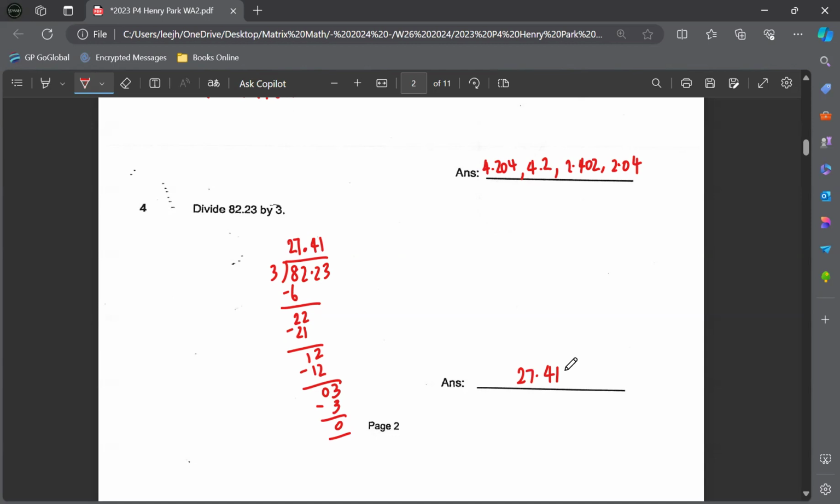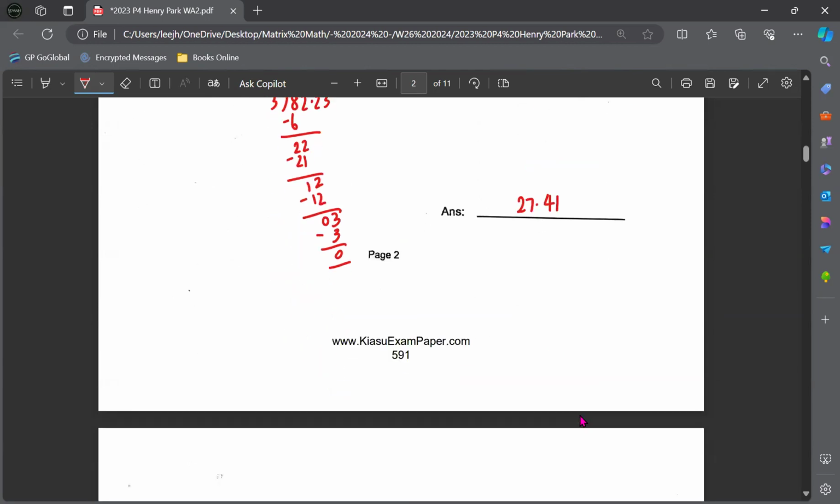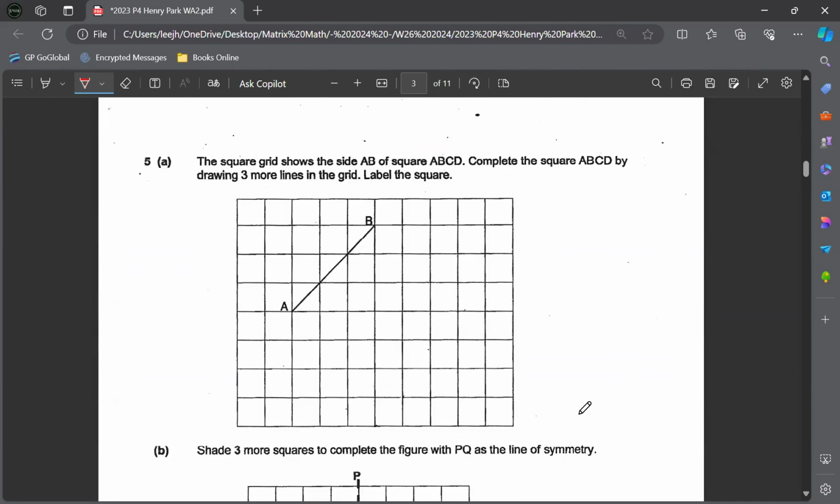Okay, question 5. Oh, it's going to draw again. Try to draw properly. So the square grid shows the side AB of a square ABCD. Complete the square ABCD by drawing 3 more lines in the grid. Label the square. Must label. So you see that this is the line AB.